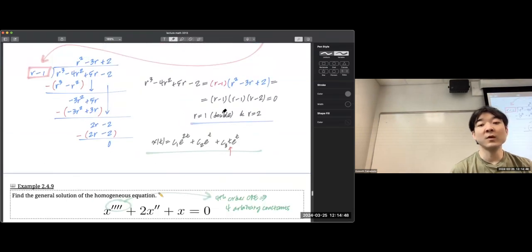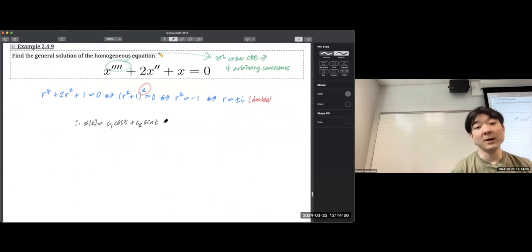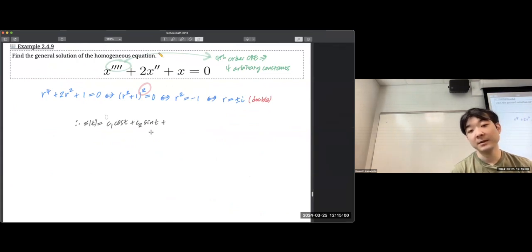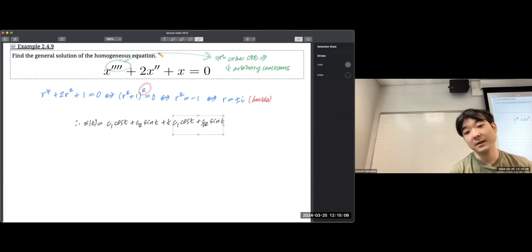What did we do before for a double root? One of them will be this, and then the other one will be an exact copy of that multiplied by t. So I'll just say there's this t that's being multiplied.